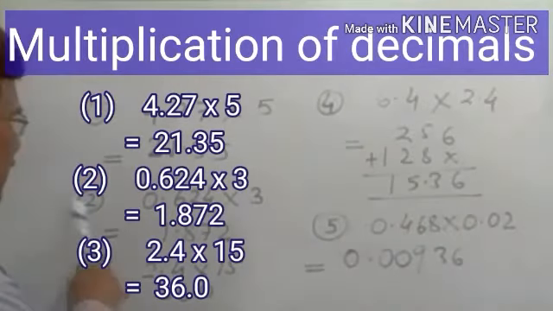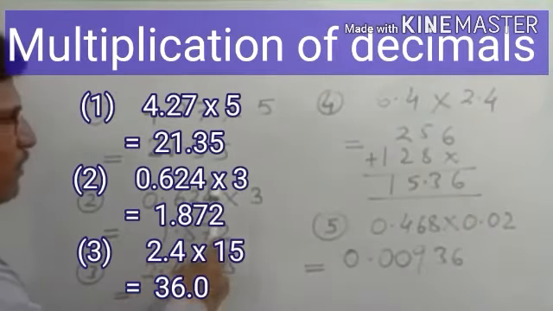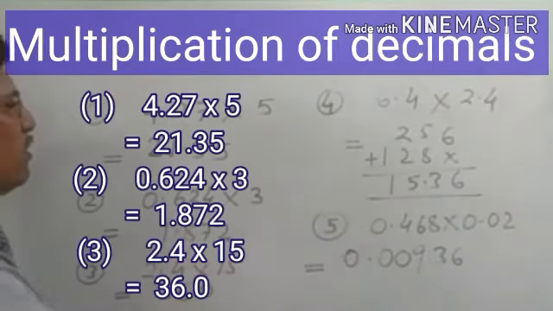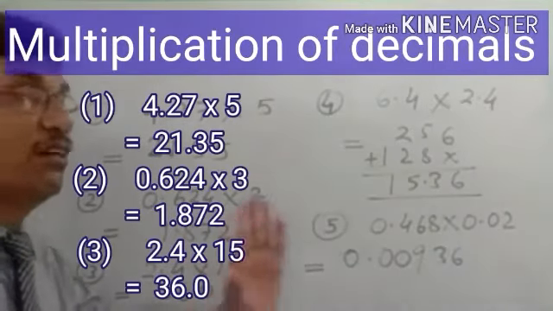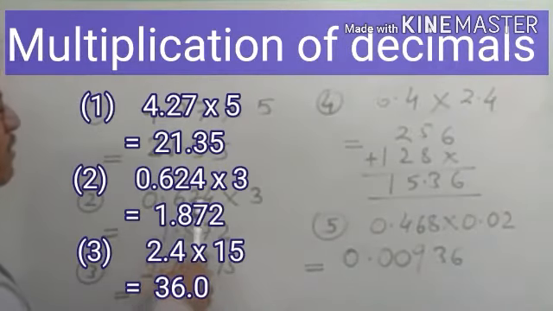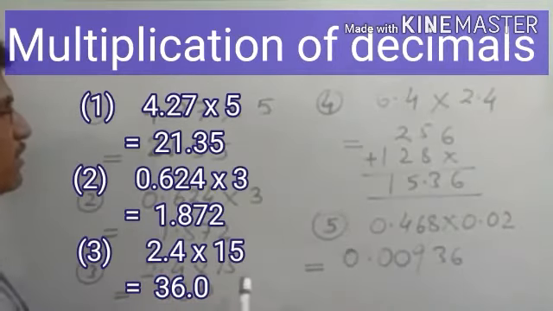Okay. Second example, 0.625 into 3. First we multiply 625 by 3 ignoring the decimal. We get 1875. Now after the decimal 3 digits. So we have to put the decimal after 3 digits from the right. 1, 2, 3.